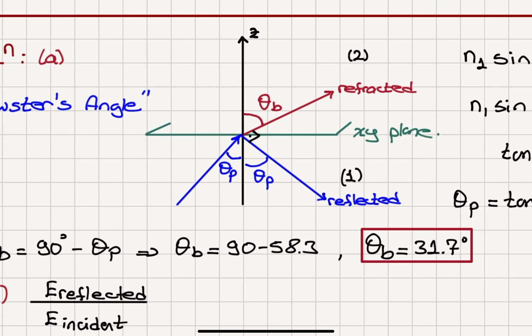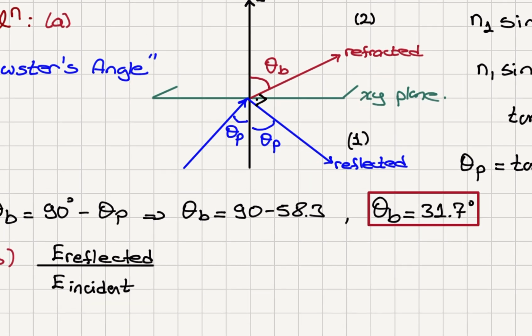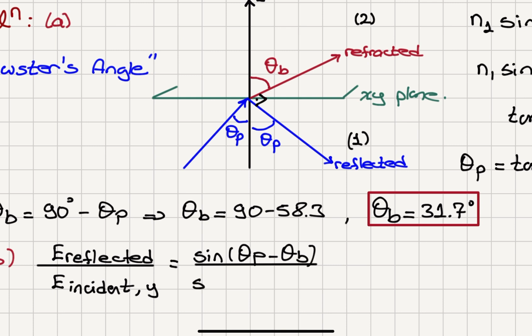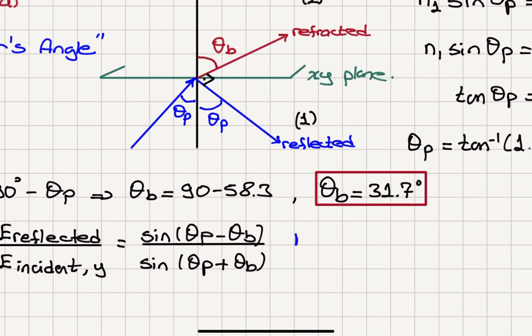The reflection was from an interface perpendicular to the xz plane, that's the xy plane. So polarization in the y direction, so the incident y component. This is equal to sine of theta p minus theta b divided by sine of theta p plus theta b. So this is the given Fresnel equation.